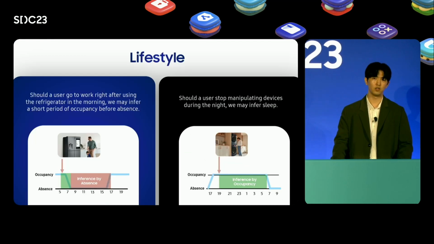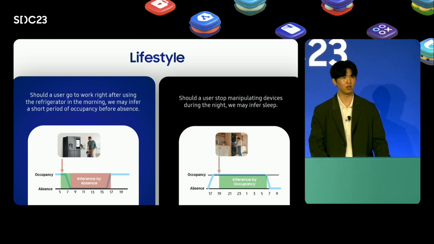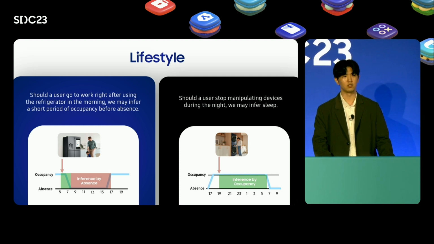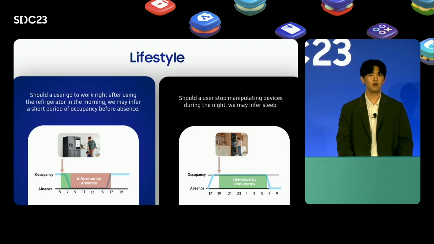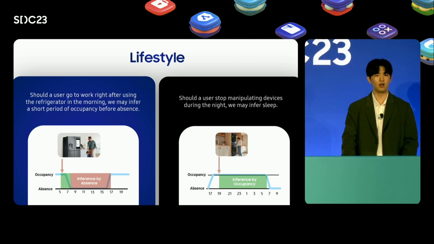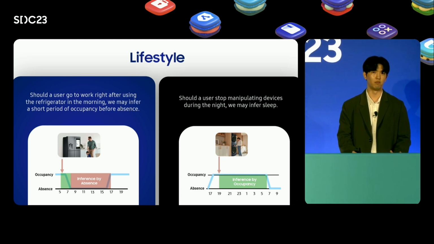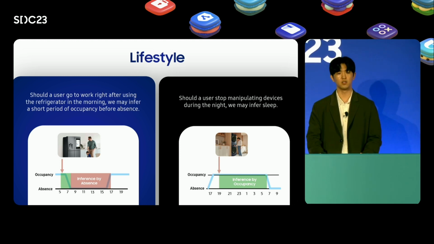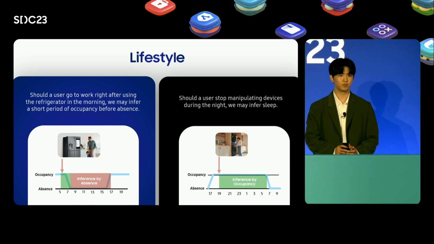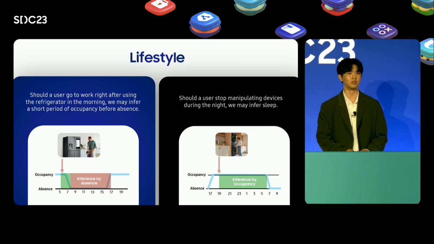Next, we delve into how we integrate user lifestyles into our models. One consideration is the variation in the time it takes to leave a device after each use, depending on the time of day. For instance, some might use particular devices before heading to work. In such a scenario, we would infer their presence for only a shorter while, and then reduce their absence.